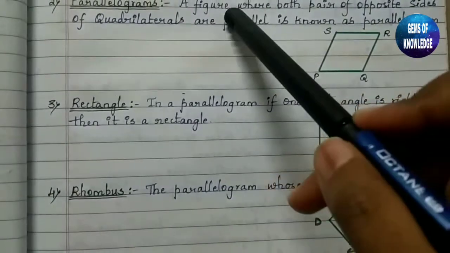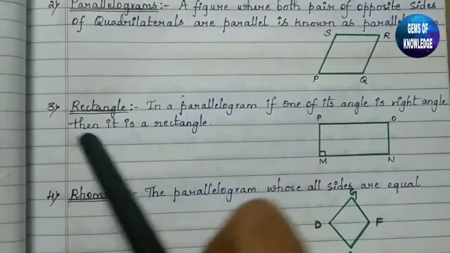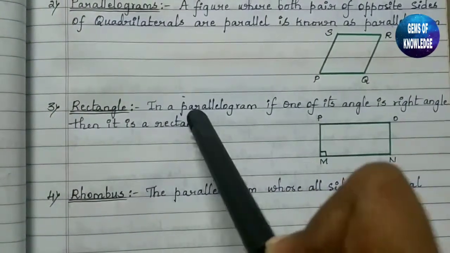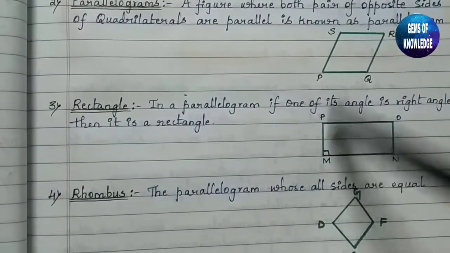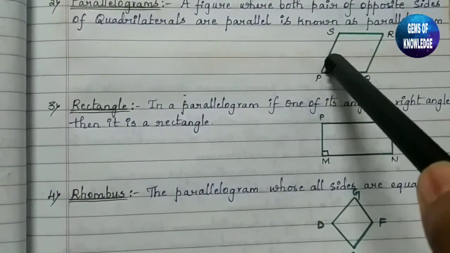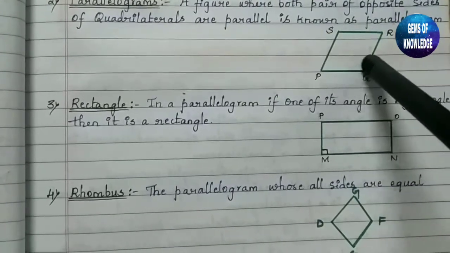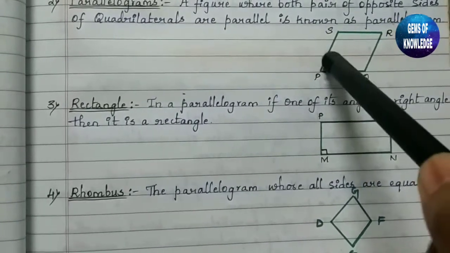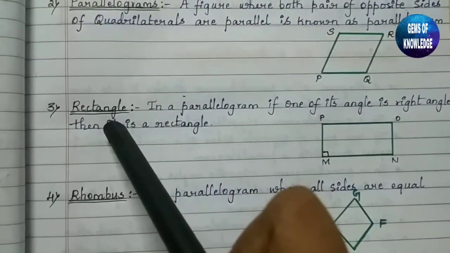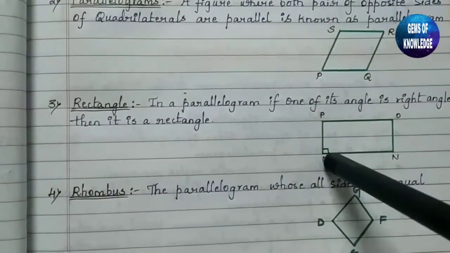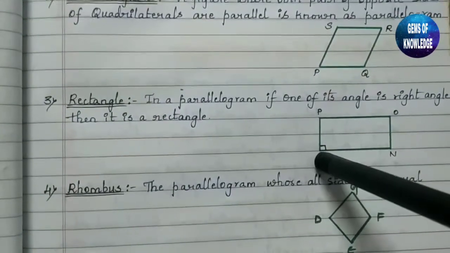So a rectangle must be a parallelogram where one of its angles is equal to a right angle. Here you can see the angles are not right angles. They are either more than 90 degrees or less than 90 degrees. So to become a rectangle, one angle must be 90 degrees.